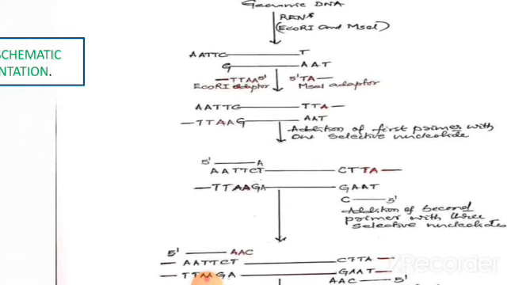Alright. Then for this purpose, to run the PCR reaction, the DNA fragments are ligated with EcoR1 and MseI adapters. Till now, I have not taught you about the linkers and adapters concept, which are often used in recombinant DNA technology.